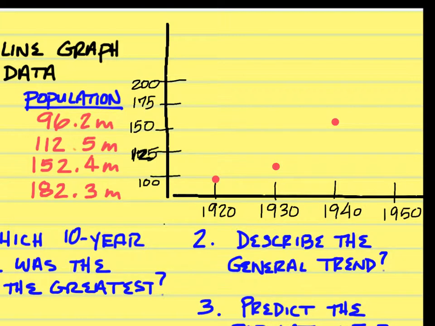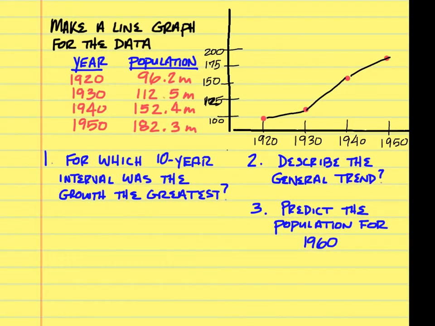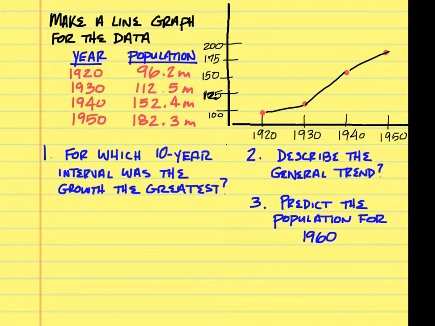And 182.3 for 1950 is between 175 and 200. Connect those dots. We'll go here, here, and here. Now answer the questions. Which 10-year interval was the growth the greatest?